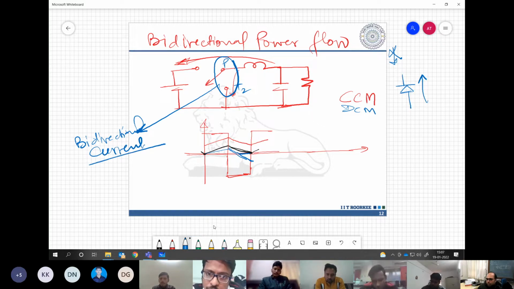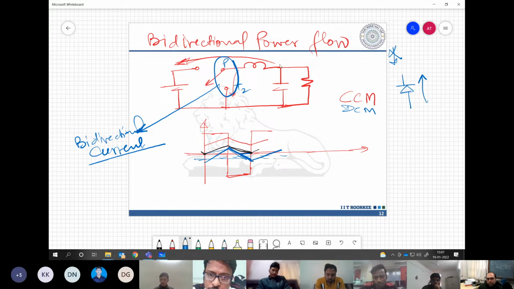Then when you have that capability for PT2 and PT1 as well, you may start having a current like this. Understand the point?